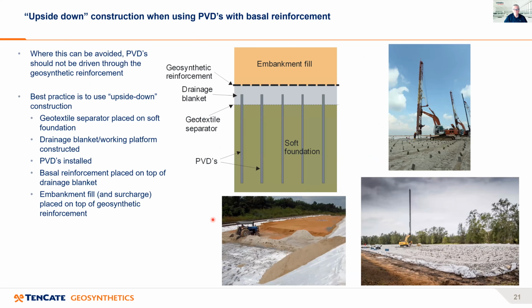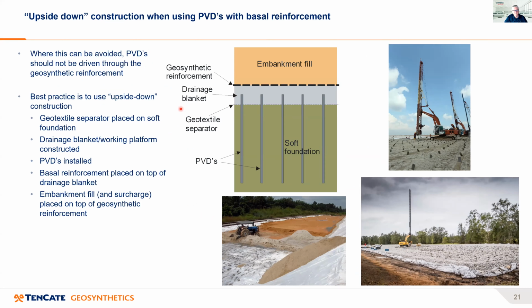Now, when it comes to building these embankments with PVDs, normally what should be avoided is driving the PVDs through the geosynthetic reinforcement, because when we do that, we just put holes in the reinforcement and it reduces its strength. And so the best practice is normally to construct what we call upside down construction.